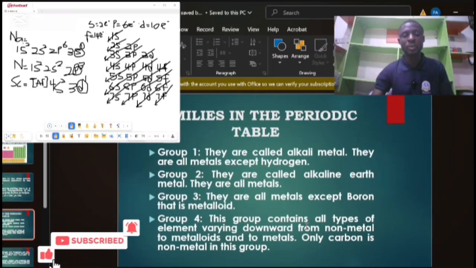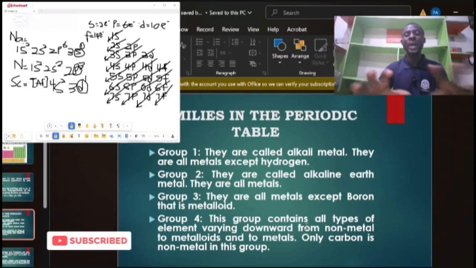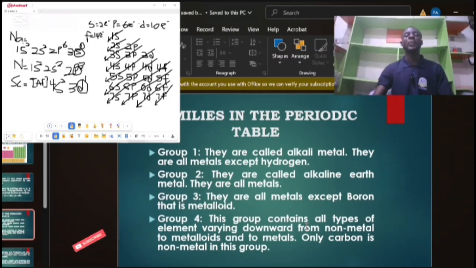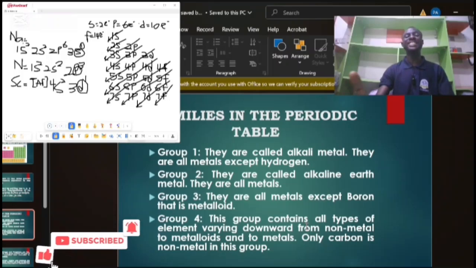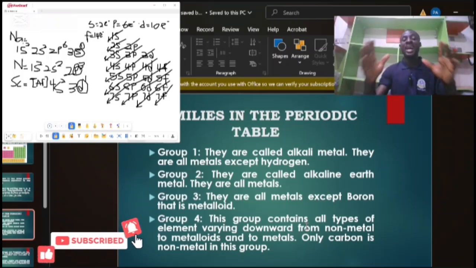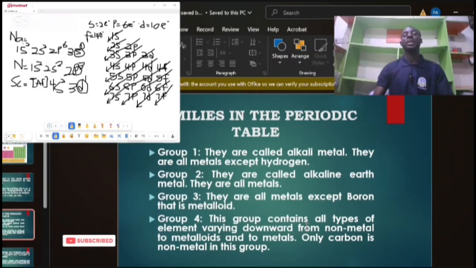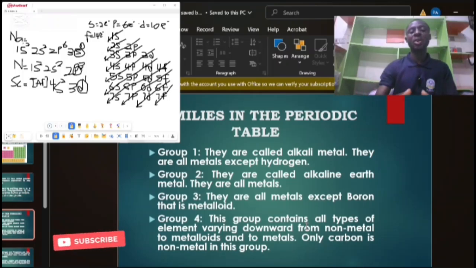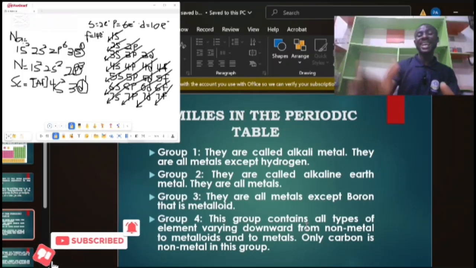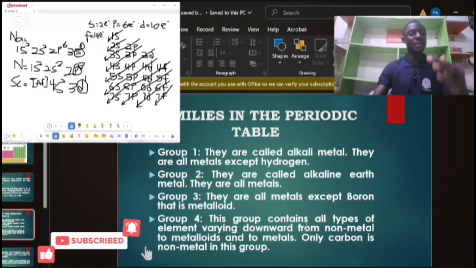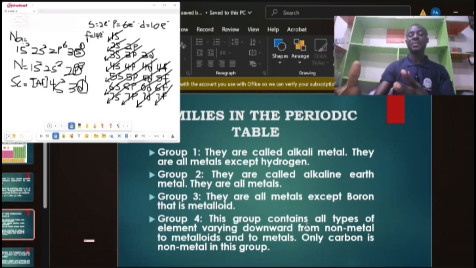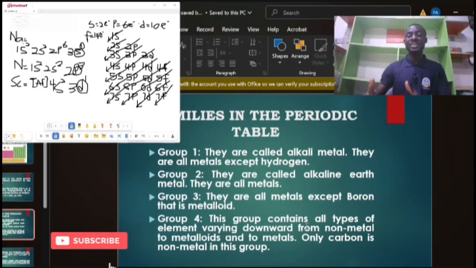Now let's look at group 1. All elements in group 1 are metals except hydrogen. Hydrogen is placed in group 1 not because it's a metal but because its valence electron is 1. I've explained that if the valence electron of any elements are the same, they will be placed in the same group in the periodic table.